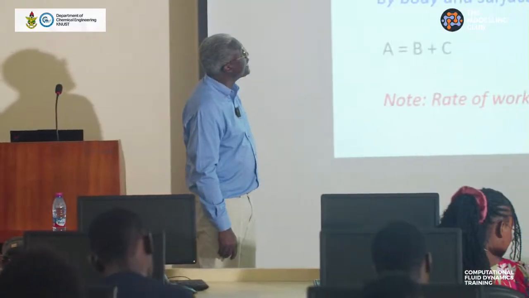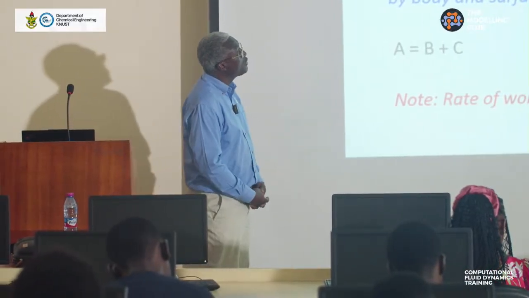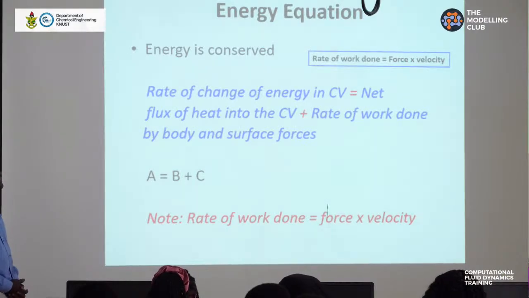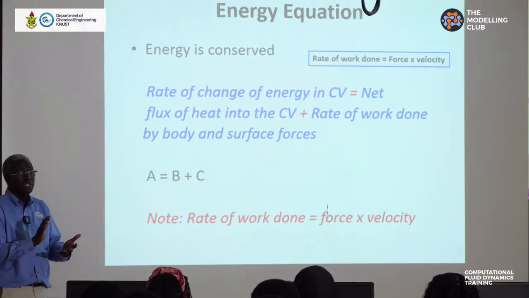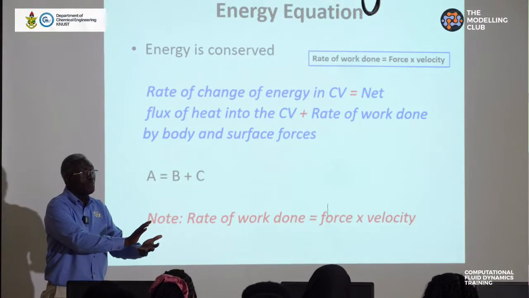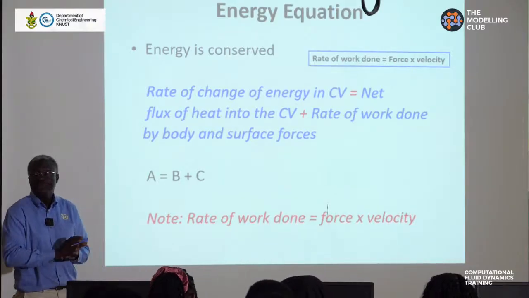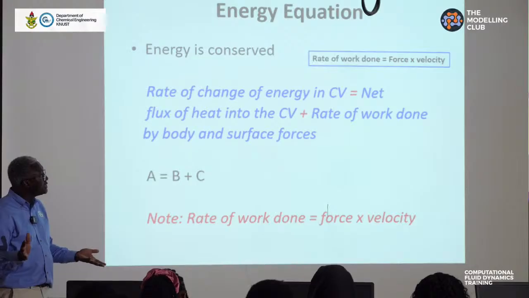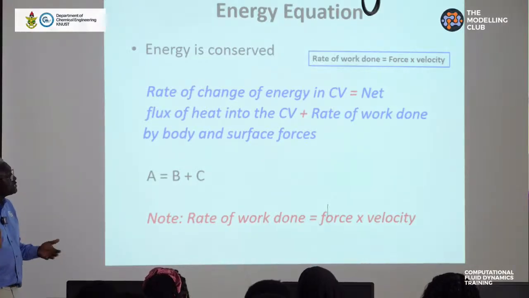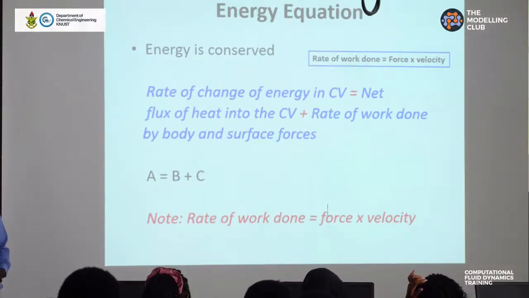The rate of change of energy within the control volume is equal to the net flux of heat into the control volume plus the rate of work done by the body forces and surface forces, right? Whenever you have a force that tends to move an object, or in this case a fluid, you're going to have work done. So your body forces, your pressure forces, your shear forces are all doing work on the fluid element.